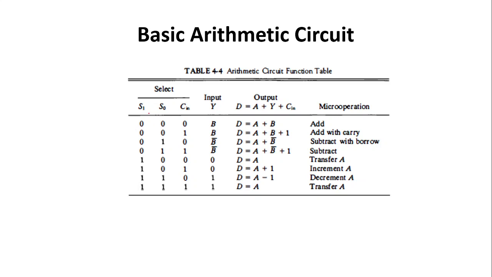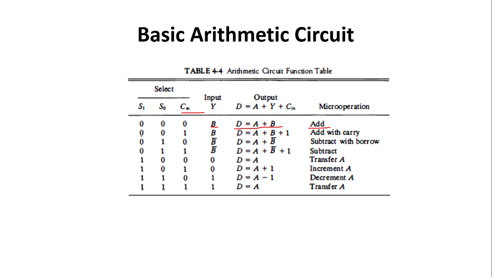Based on the selection lines S1 and S0, Cin, and input Y, the output is predicted. So when S1 is 0, S0 is 0 and Cin is 0 and B is applied as input Y, then the output is D equal to A plus B, and this is the add micro operation or addition micro operation.